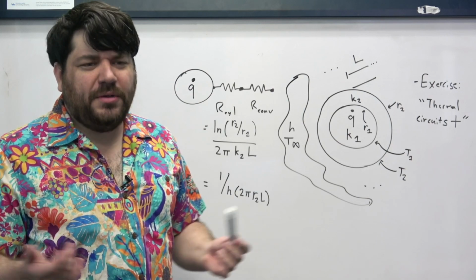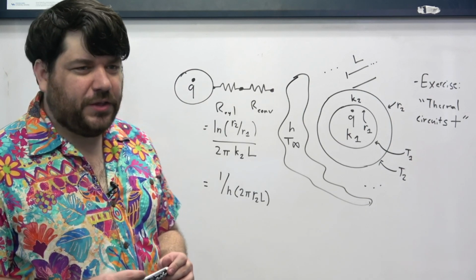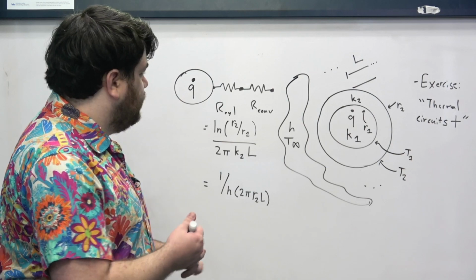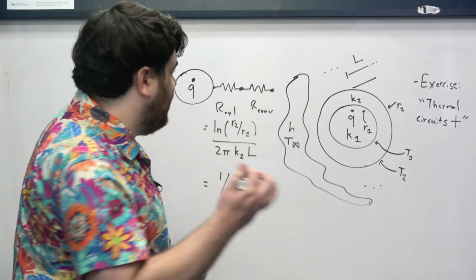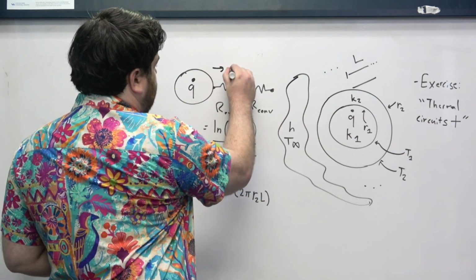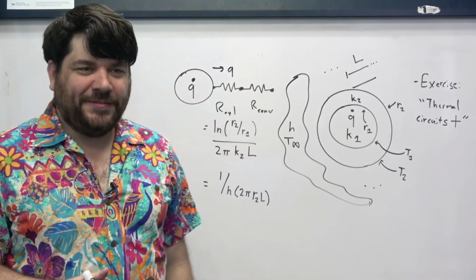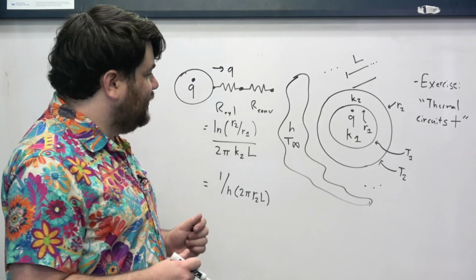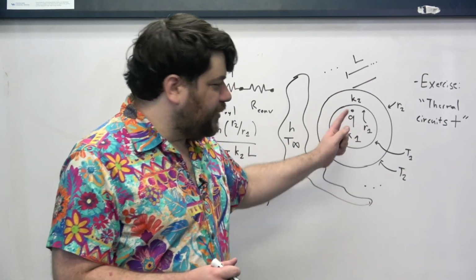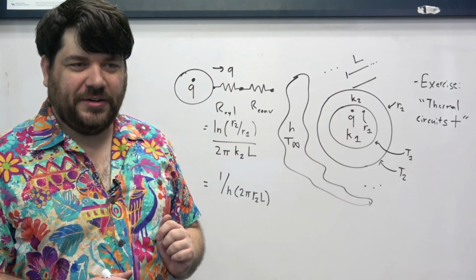So how do we find, for example, the Q that is going through this thermal circuit as, say, a function of the Q dot? So suppose that we know the Q dot. Suppose that we know all of the geometric properties of this little cylinder over here.